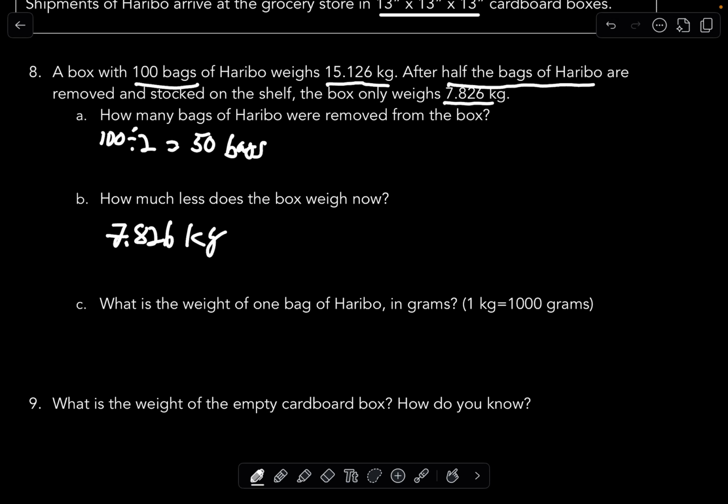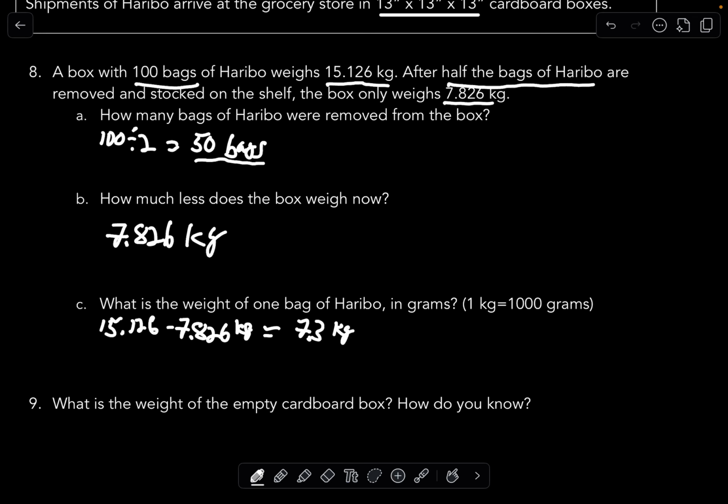Well, if we know it's 50 bags, and 50 bags reduce the weight, we have to figure out what the weight is of the 50 bags. So we take the 15.126 kilograms and subtract from it the 7.826 kilograms, which is the weight it is now. 15.126 minus 7.826 gives you 7.3 kilograms.